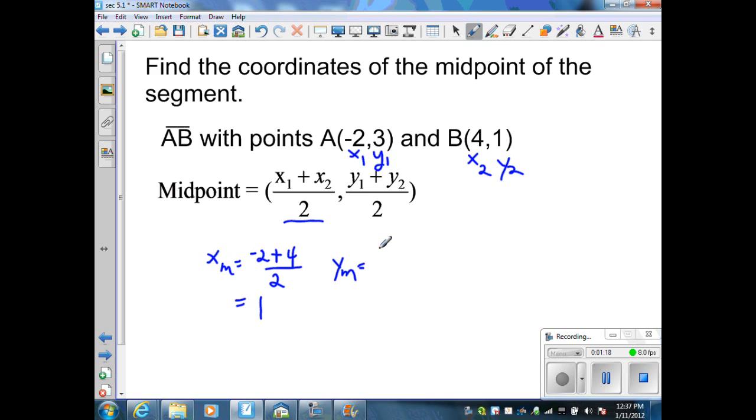When I substitute, I'm going to get 3 for y sub 1. For y sub 2, I'm going to substitute in 1, divide by 2, and I'm going to get a value of 2. Therefore, I'm going to get a midpoint ordered pair for segment AB to be (1, 2).